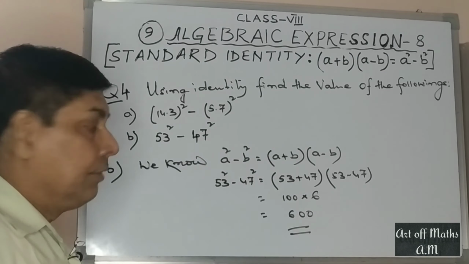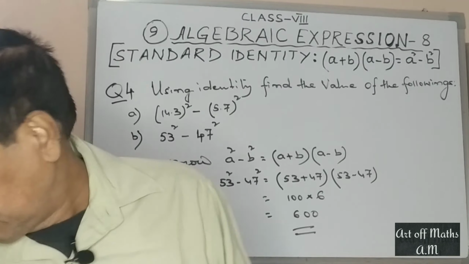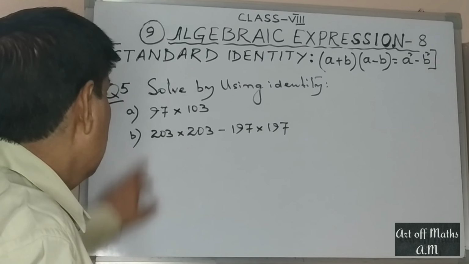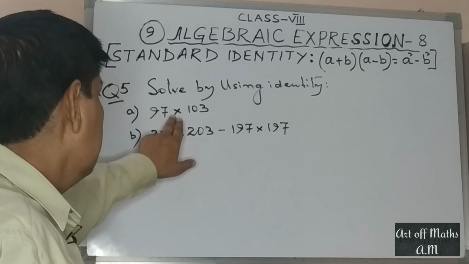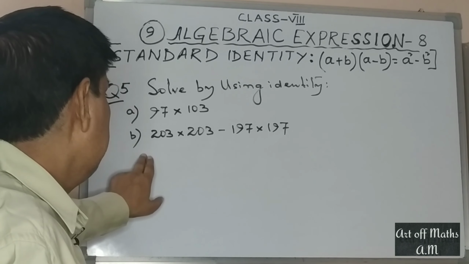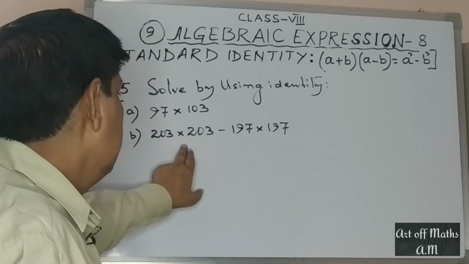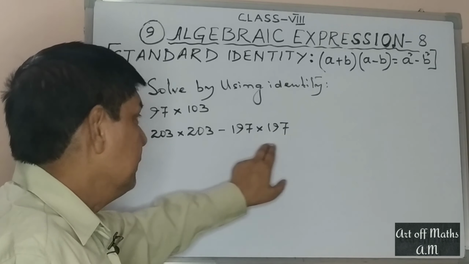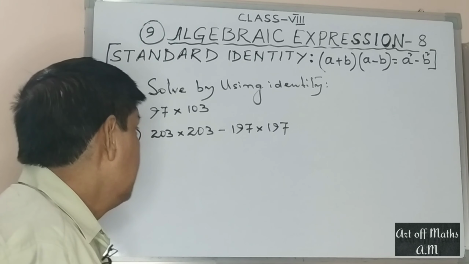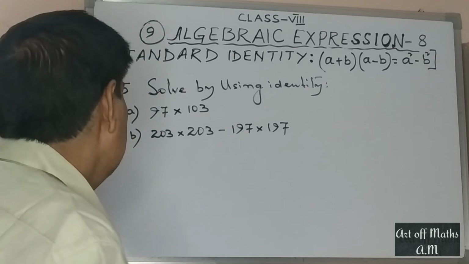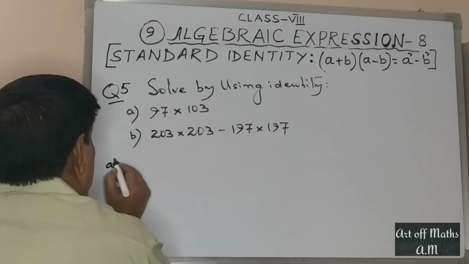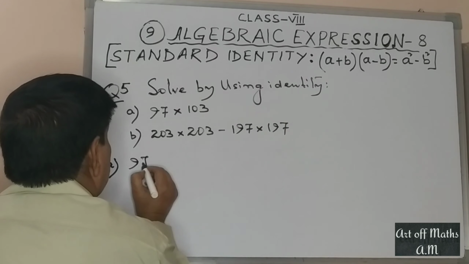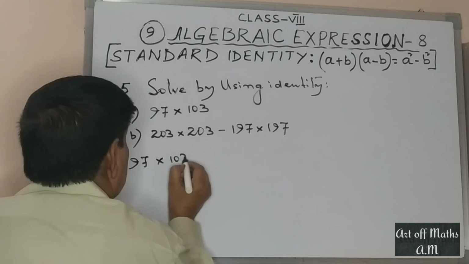Coming to the fifth question. The fifth question: solve by using identity, (a) 97 into 103 and (b) 203 into 203 minus 197 into 197. Now very easy. First of all, I am taking this one, 97 into 103.